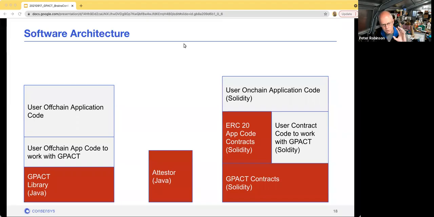On the user side, say on someone's telephone or laptop computer, you're going to have some off-chain code, and that's going to work with some code that the application developer has written to work with the GPACT protocol. That's quite a light amount of code. And then you've actually got a library, and that does all the orchestration for you and all of the hard work.